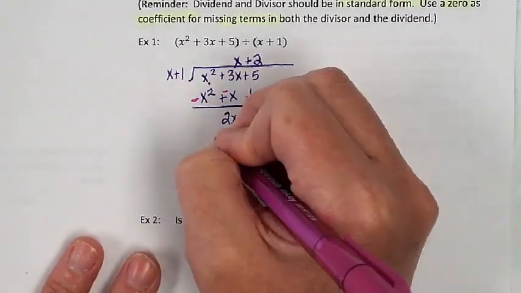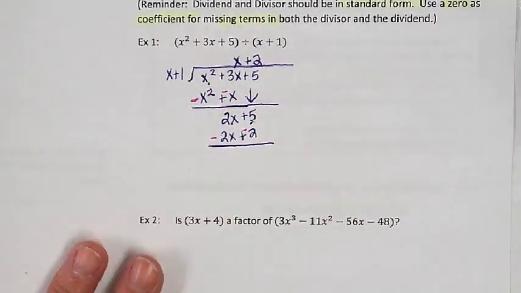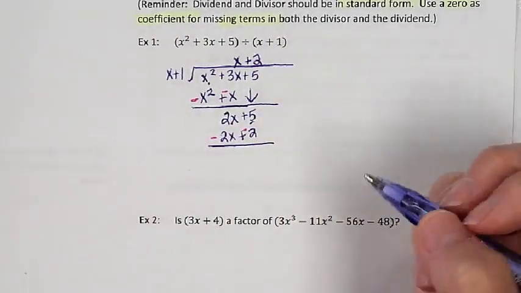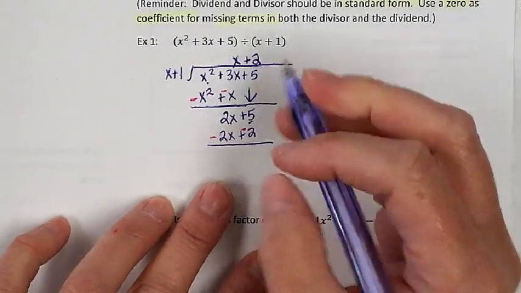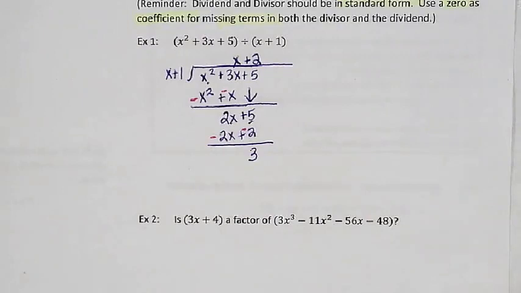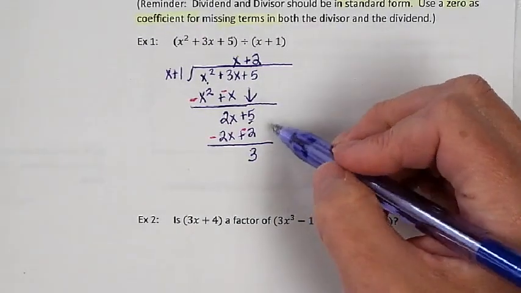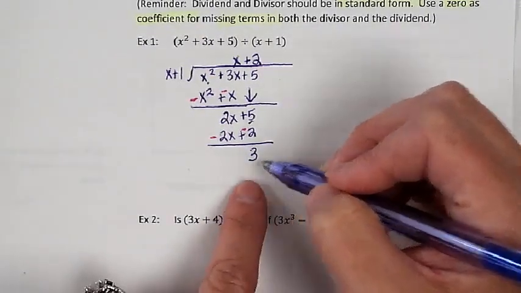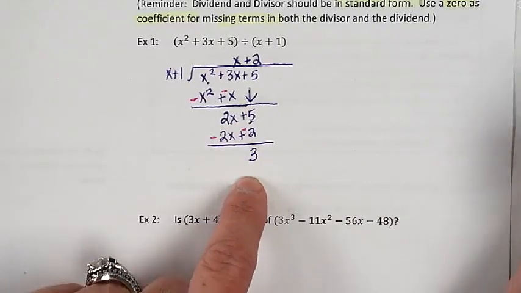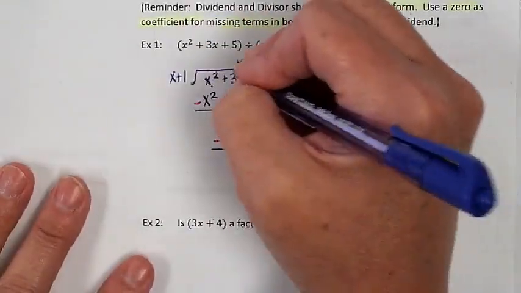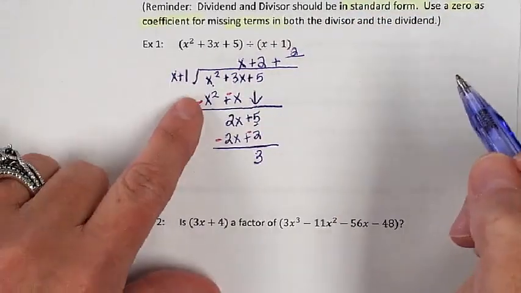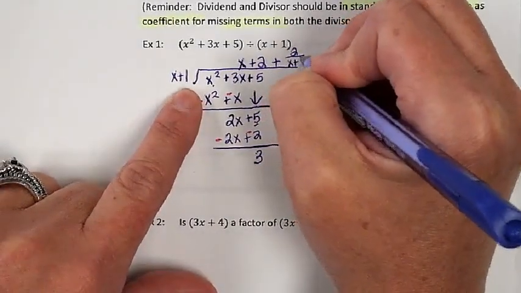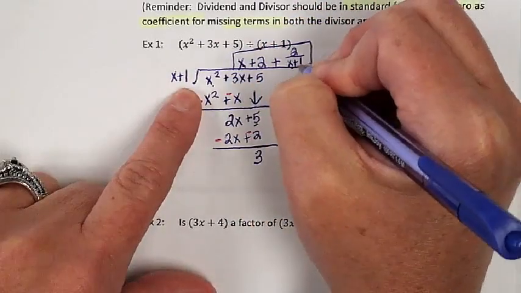Now we need to subtract, so change the signs on everything. So then 2x minus 2x is 0. And then 5 minus 2 is 3. There's nothing else to bring down, so this is my remainder. So we have x plus 2 plus 3 over, what do we divide by? X plus 1. So this is my answer.